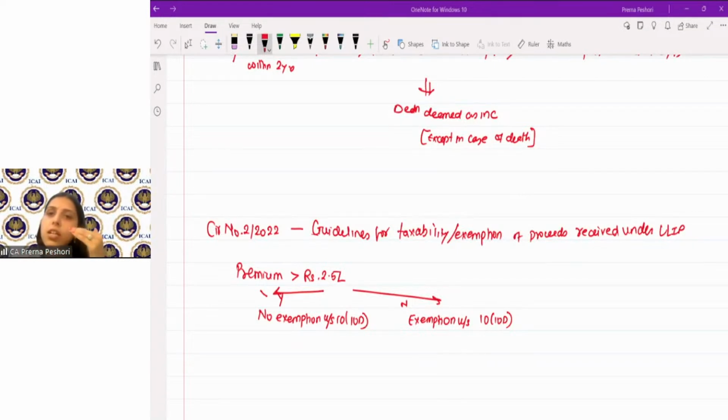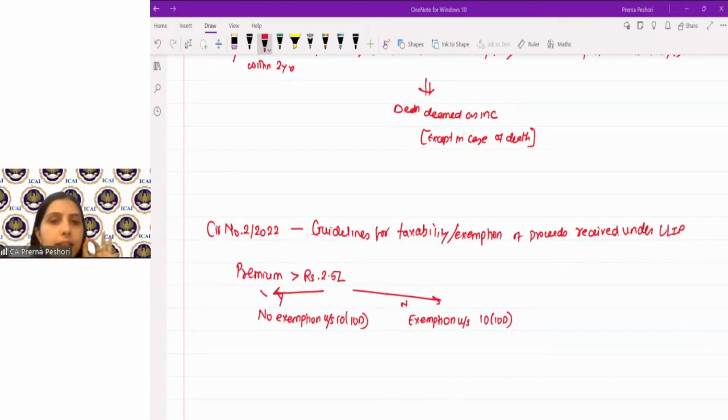So whether there is one ULIP or multiple ULIPs, the aggregate premium should not exceed 2,50,000. If the aggregate exceeds 2,50,000, then the consideration will not be eligible for 10(10D). Are we clear?